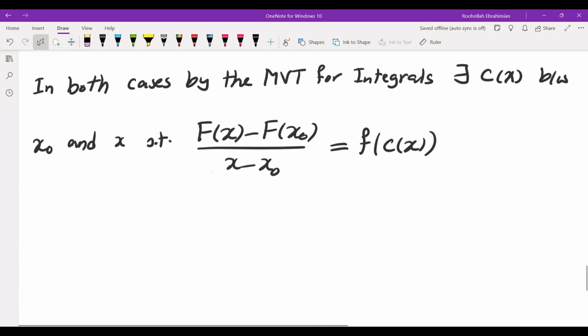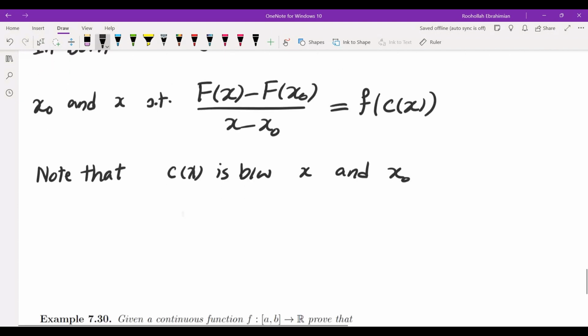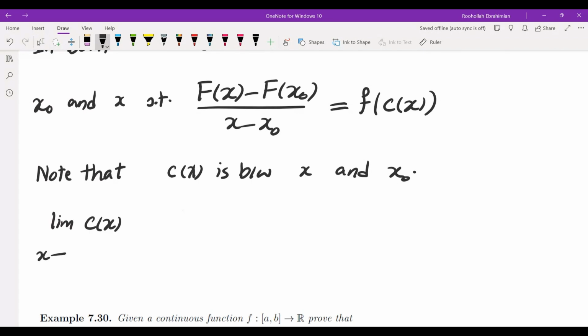Now notice that since c of x is between x and x naught, this means the limit of c of x as x approaches x naught is in fact equal to x naught, because c of x is between x and x naught.